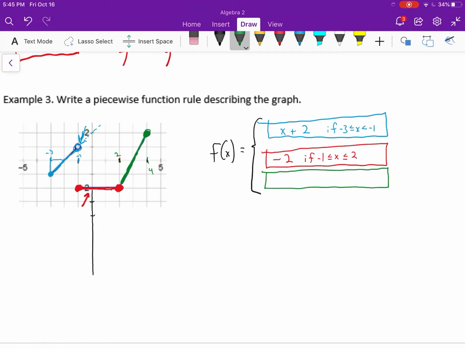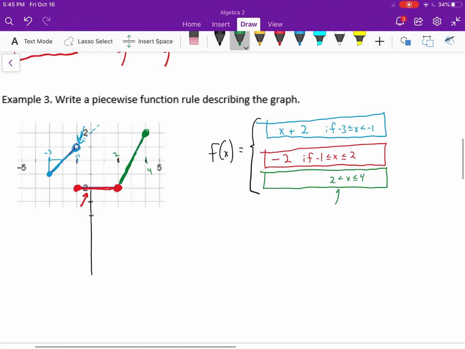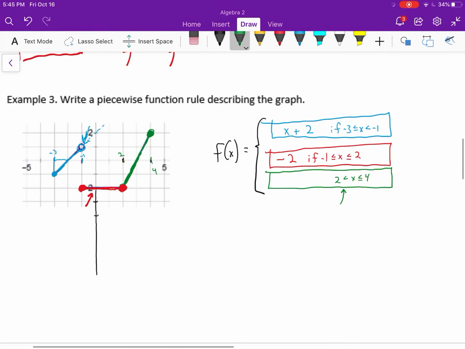And what I'm doing here is I did not put the or equal to here because the green, we did not include this point with the green function. We include it with the red function. So you should not have an or equal to because it would then say we could use the red or we could use the green, and we don't want to do that.